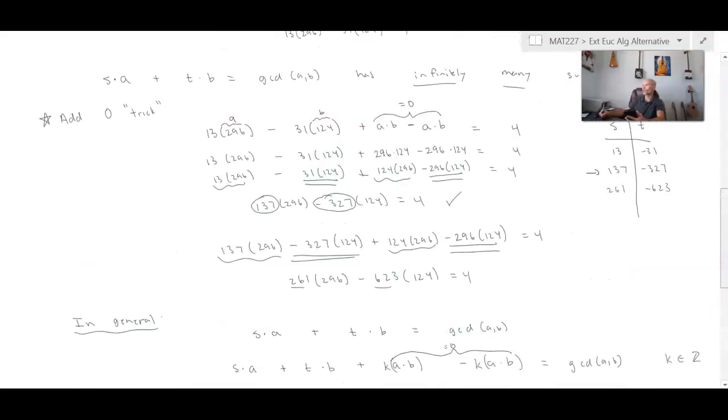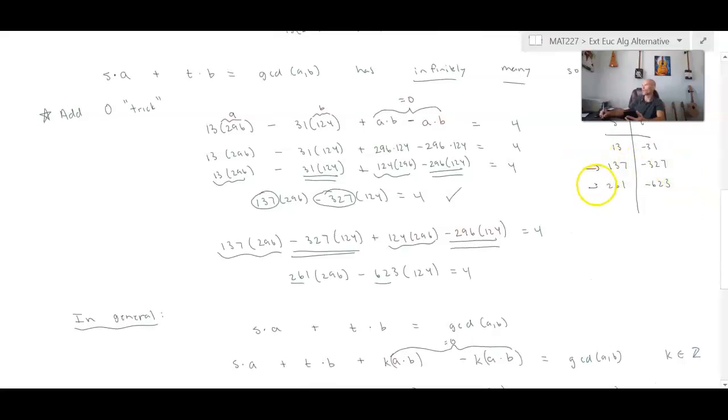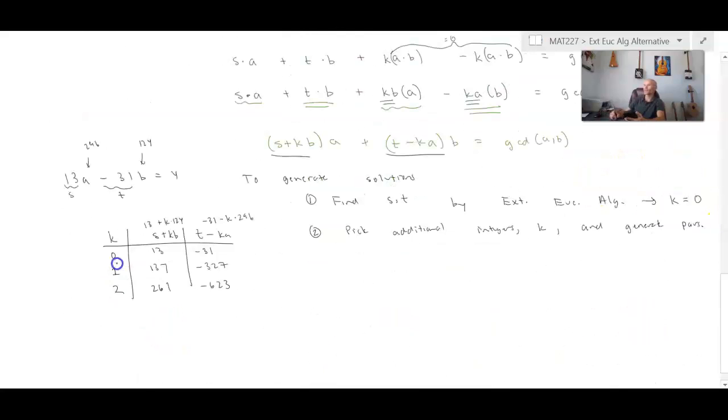And let's just check our work up here. We got 261 and negative 623. Now the beauty of this is I could pick any value of k. There are infinitely many, and remember, k is an integer, so k could actually be negative 1. Okay, if k is negative 1, then I'll have 13 plus negative 1 times 124. That will give me negative 111. And negative 31 minus negative 1 times 296 will give me 265.